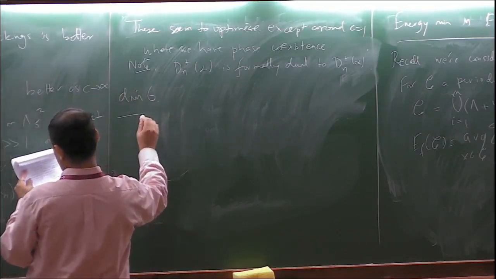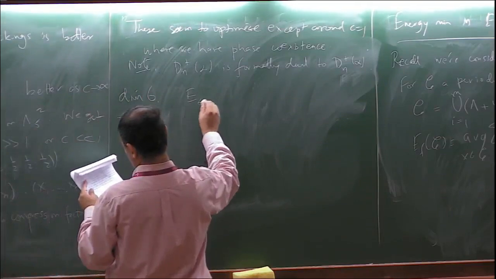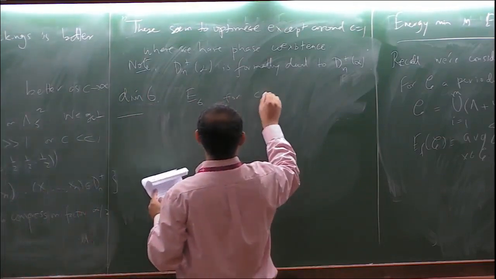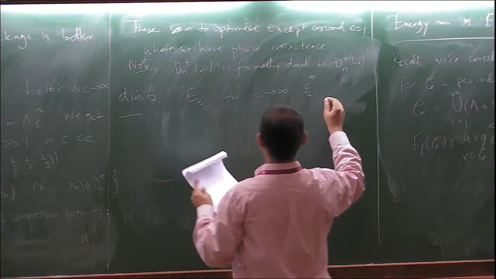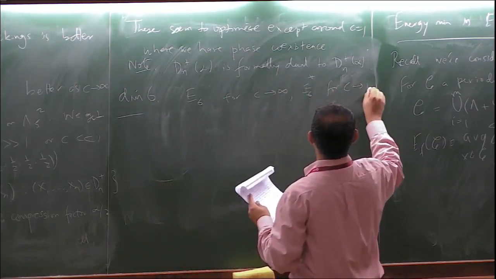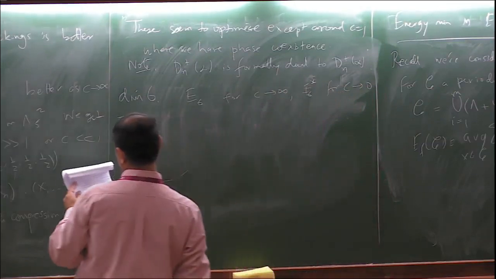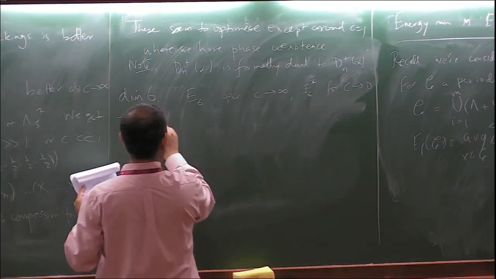Okay, so then dimension 6, what seems to happen is you get E6 for C going to infinity. You get its dual for C going to 0. And in between, what do you get?